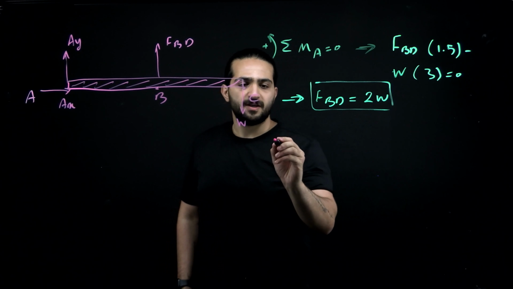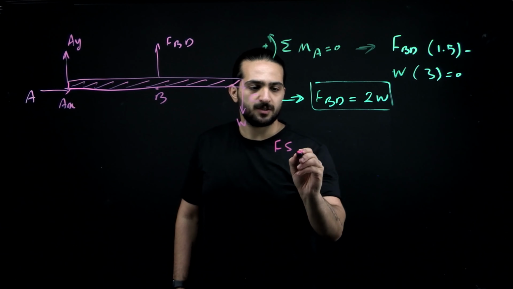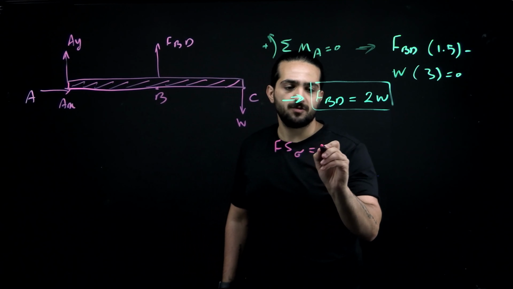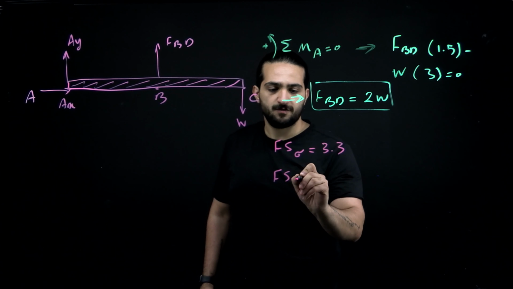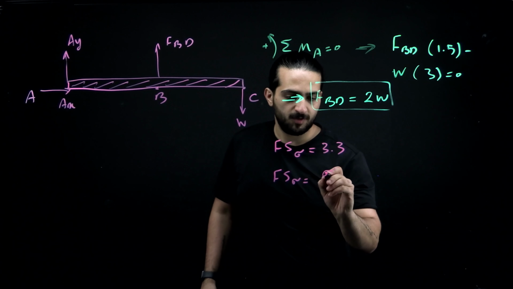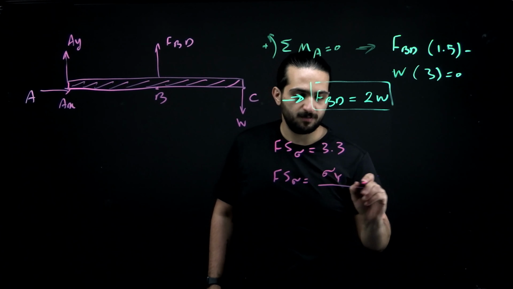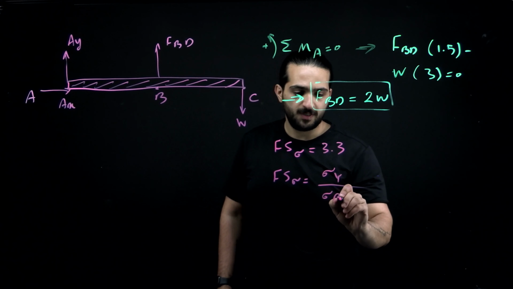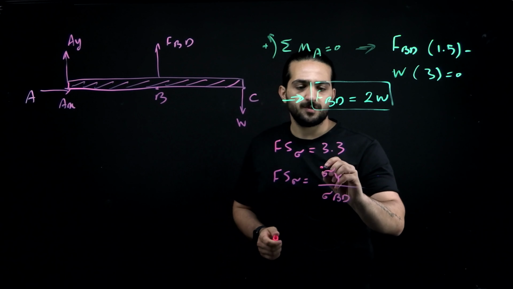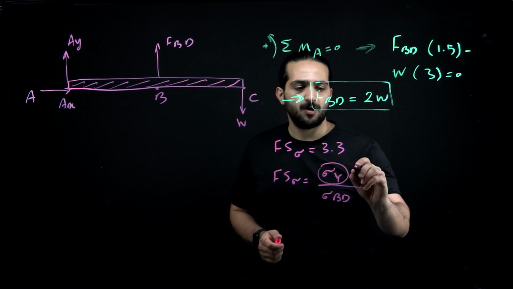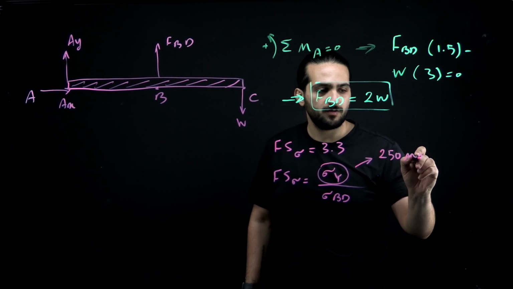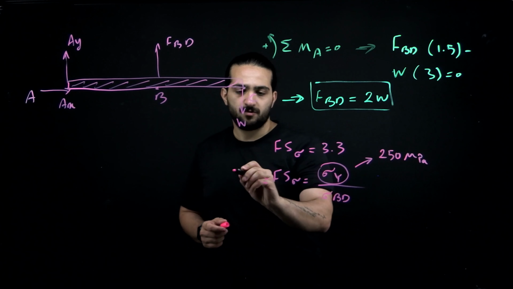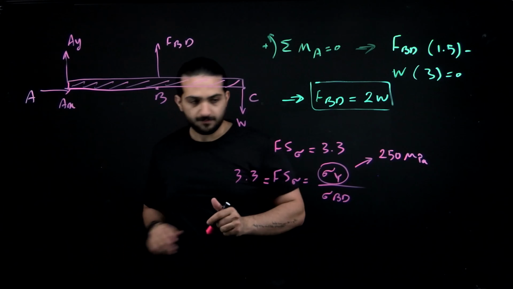Now the factor of safety with respect to yielding stress is given to us, which is 3.3. And we know this factor of safety is actually sigma of yielding divided by sigma of BD. For this sigma Y, we have 250 megapascal, and this was equal to 3.3.